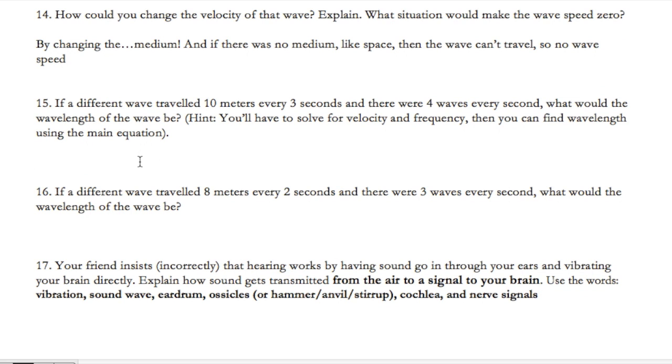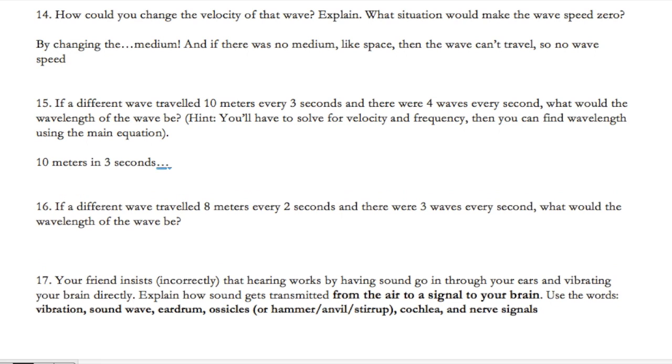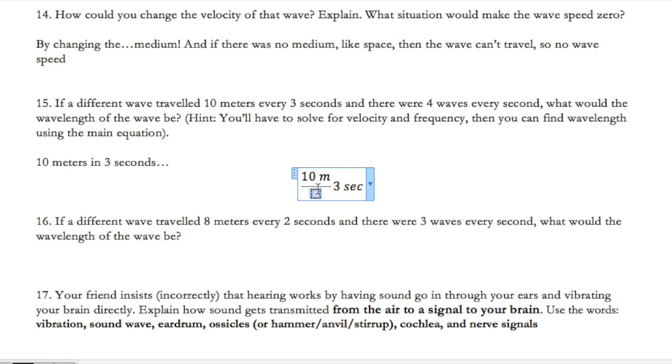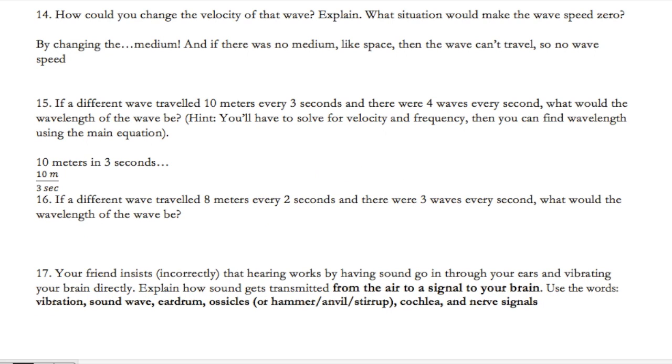Alright, so if a different wave traveled 10 meters every 3 seconds and there were 4 waves every second, what would the wavelength of the wave be? So the hint says solve for velocity and frequency, then you can find wavelength. So what's the velocity? Well, it travels 10 meters in 3 seconds. That means 10 meters per 3 seconds, and this is really the same as 3.33 meters per second, right?